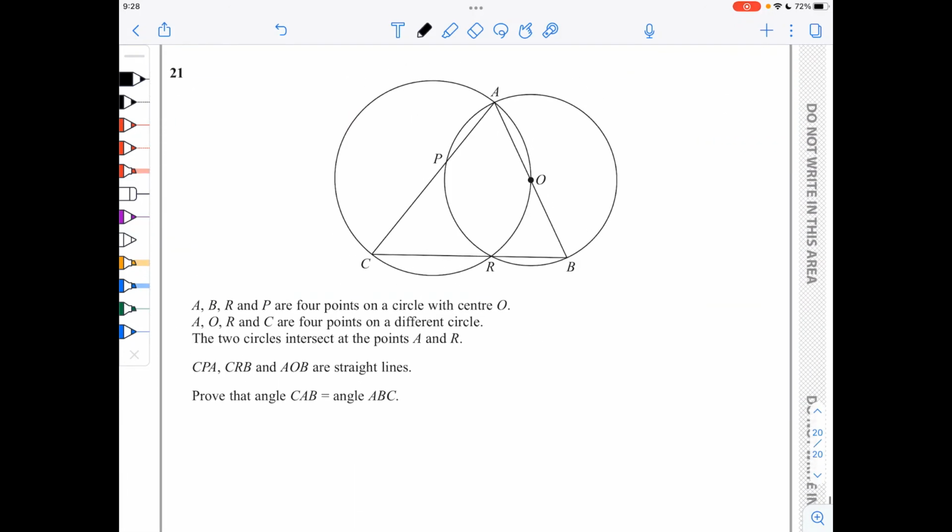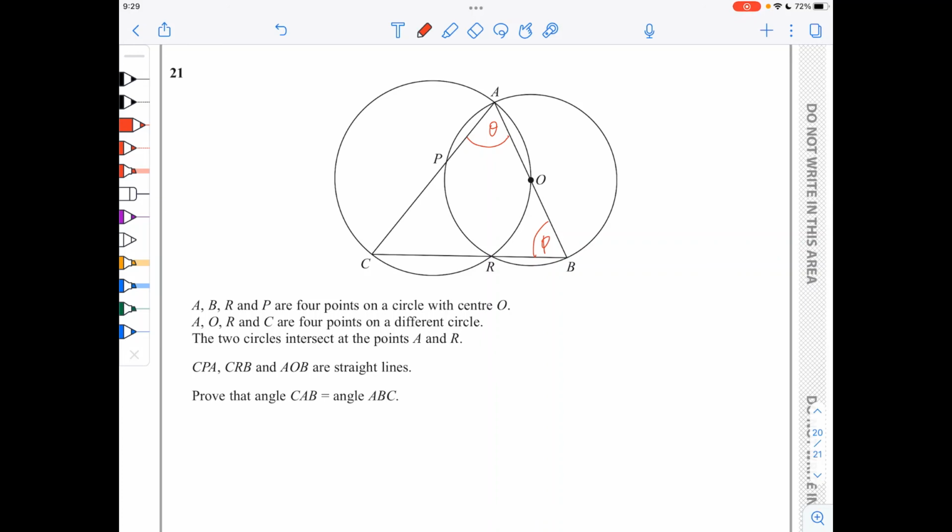Question 21. We've got A, B, R, and P, 4 points on a circle centered at O, and then A, O, R, C are 4 points on a different circle. The two circles intersect at A and R, and we need to prove that angle CAB, I'm going to call this theta, and ABC, I'm going to call this phi, are equal.